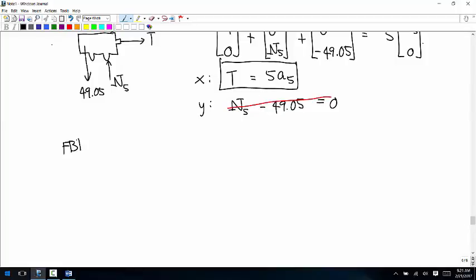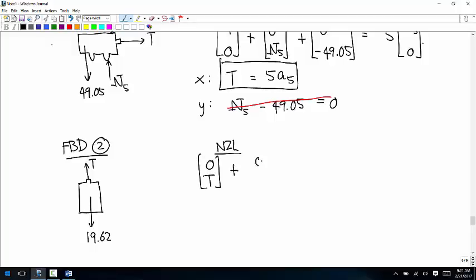And then a free body diagram of the 2 kilogram, the hanging mass. We have the weight of 19.62. It's the same cable as before, so this is T. And Newton's second law says 0, T plus 0, negative 19.62 is equal to the mass.